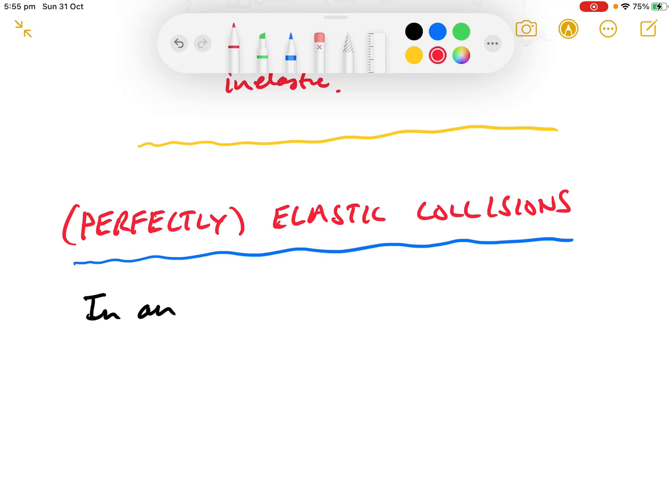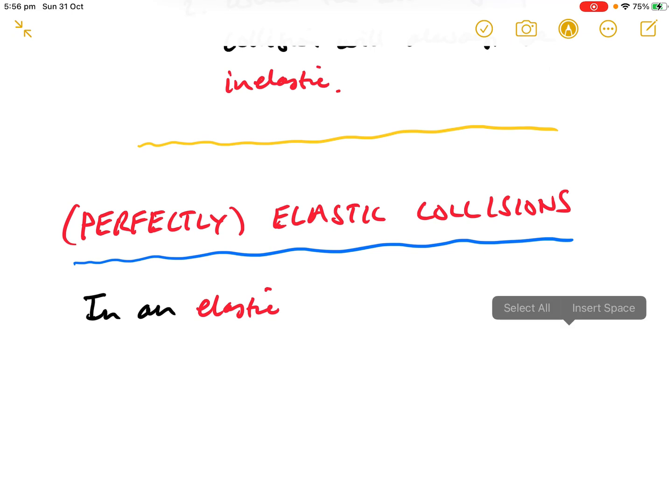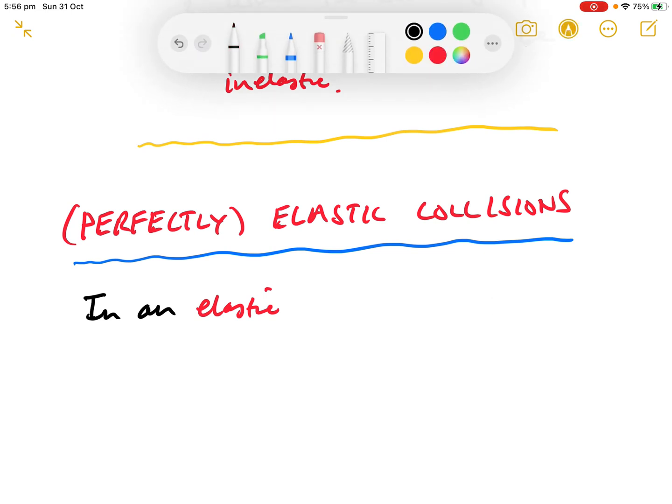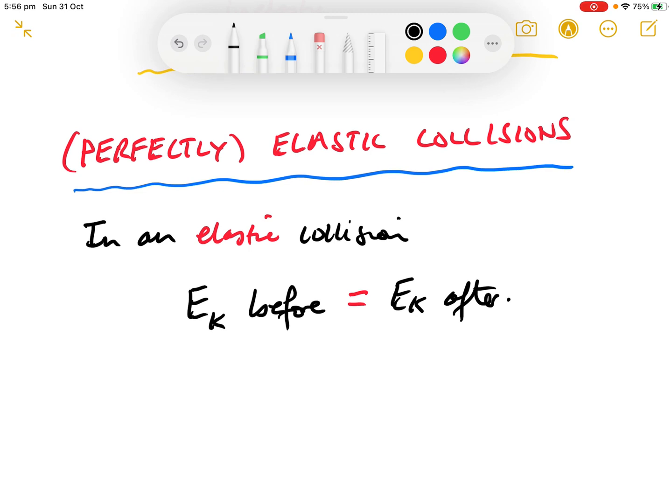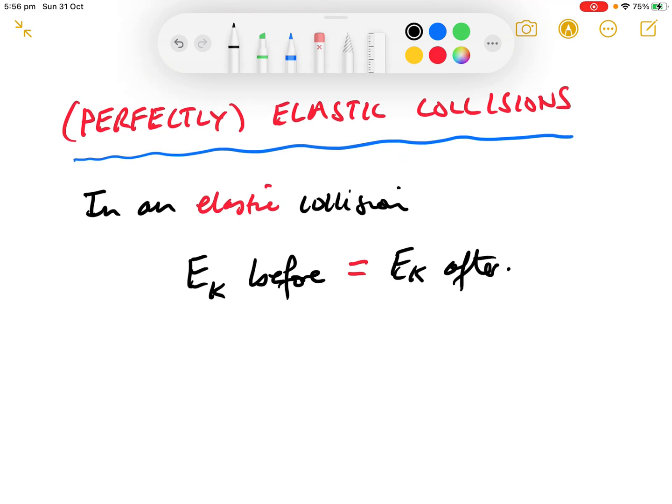In an elastic collision, often it's just called elastic rather than perfectly elastic, they mean the same thing. So in an elastic collision, EK before indeed equals EK after.